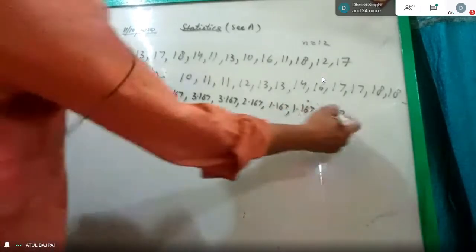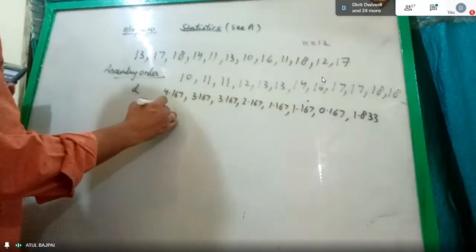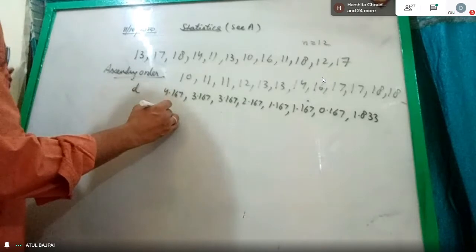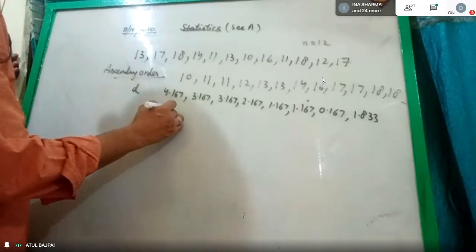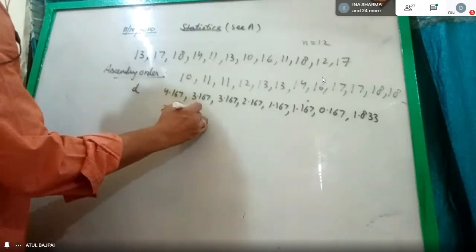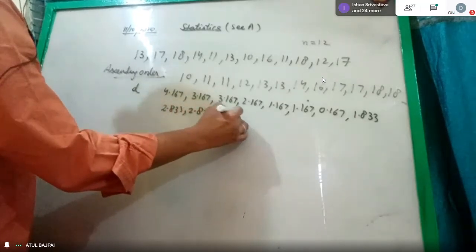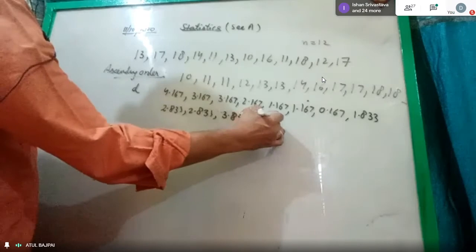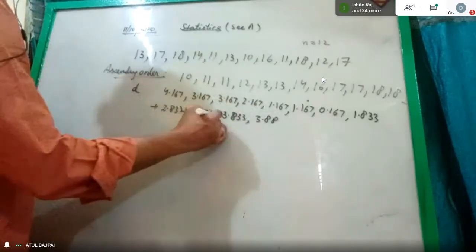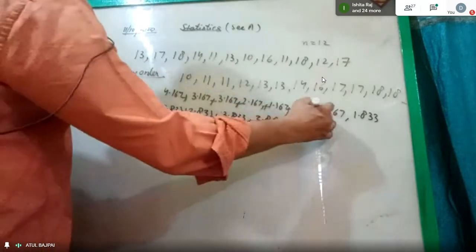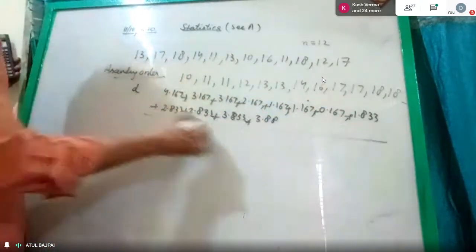Sir, 1.833. 17 minus 14.167? Sir, 2.833. 18 minus 14.167 is 3.833. Then you have to sum all of them. Instead of commas, write plus. This is sigma d, the whole value, divided by how many observations? 12.